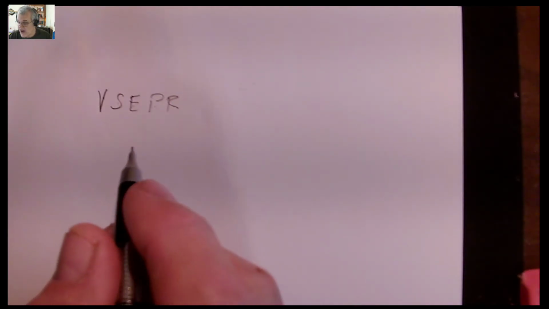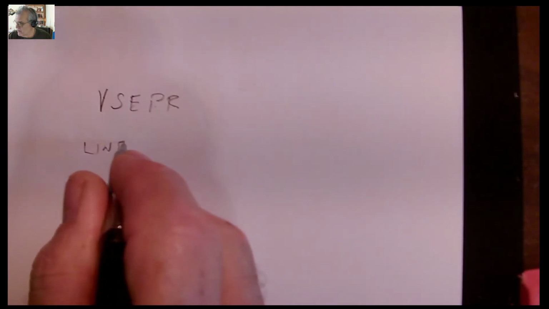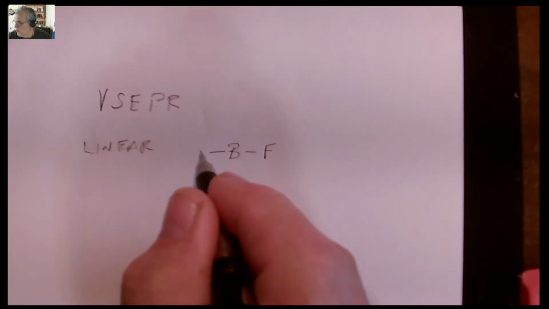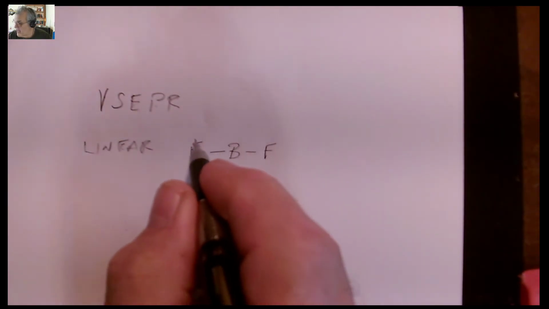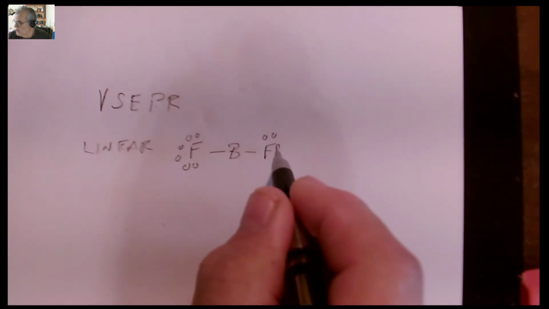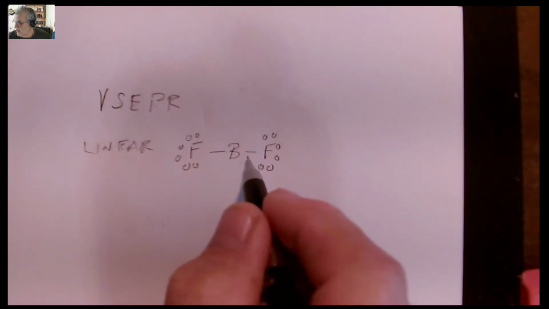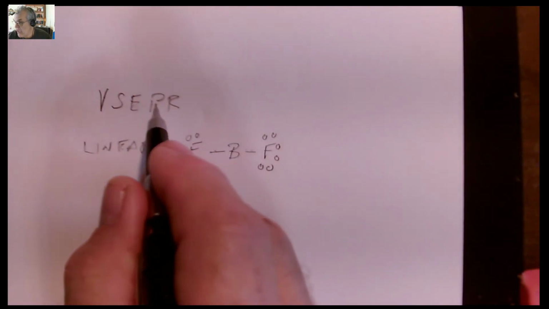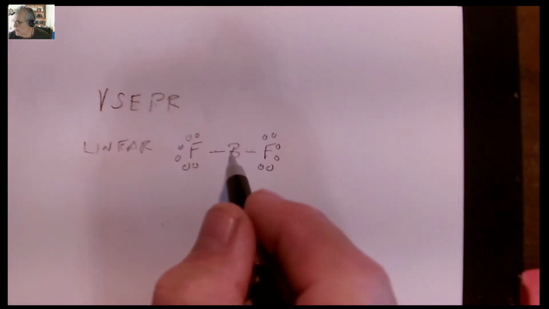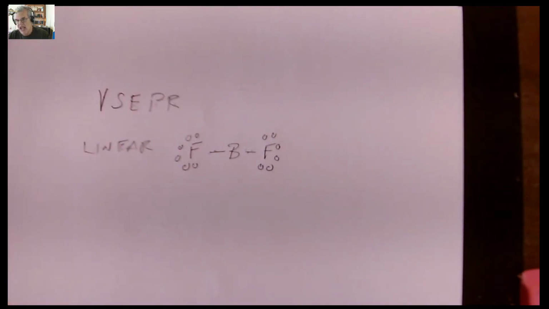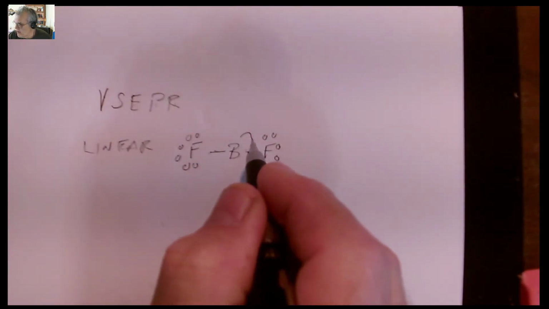There's basically 5 shapes. It can be linear. And linear would be something like boron difluoride. We do something like that, and then of course you would have electrons out here for the fluorines. And what that says is, because this is valence shell electron pair repulsion theory, because there's a pair of electrons in these bonds, they want to be as far from each other as possible.